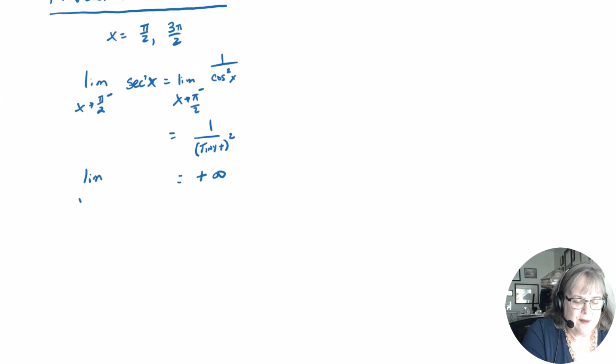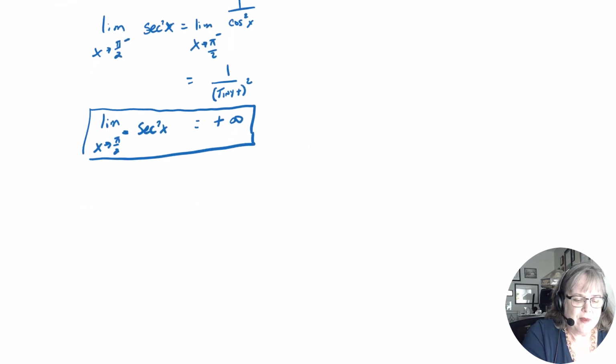So the limit as x goes to pi over 2 from the left of secant squared is this. Then we're going to do the limit as x approaches pi over 2 from the right of secant squared, which is the same thing as the limit as x approaches pi over 2 from the right of 1 over cosine squared x.